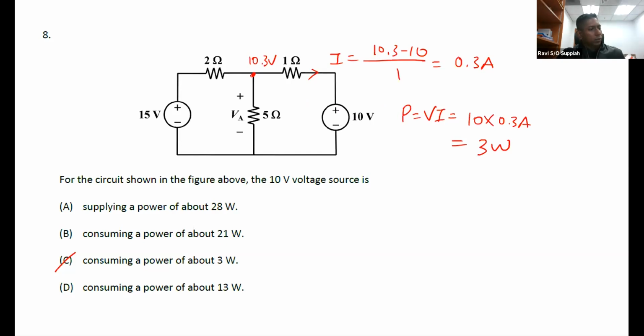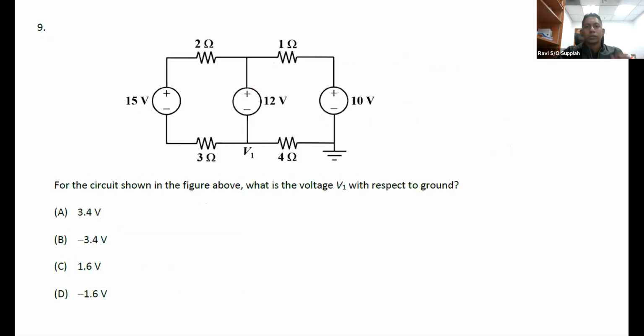Okay, so let's go on to the next question over here. For this question, we are asked to find the voltage of V1 with respect to ground. So here you must again use node analysis, correct? So how do you do this node analysis?